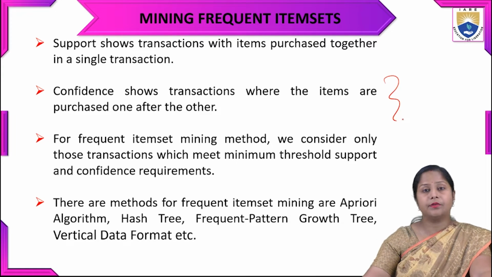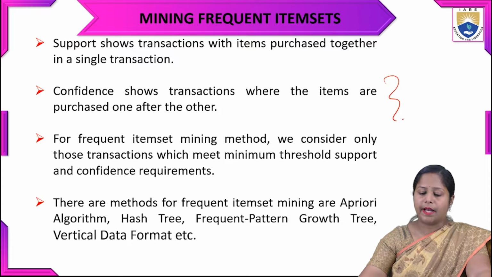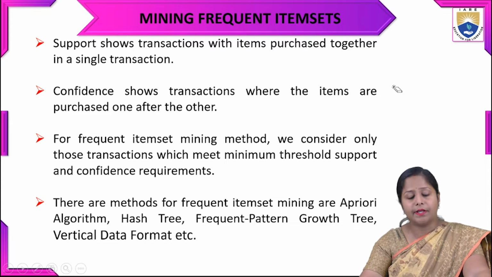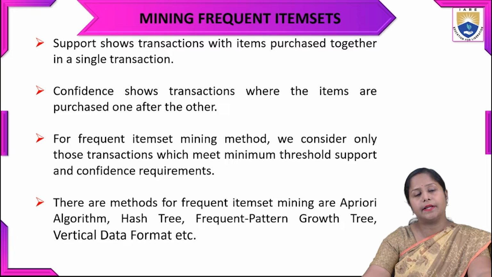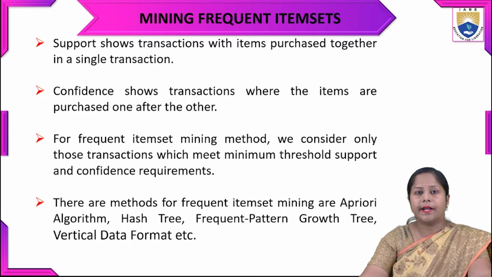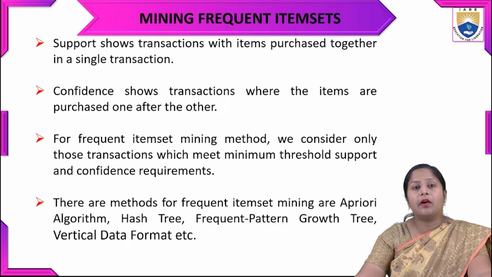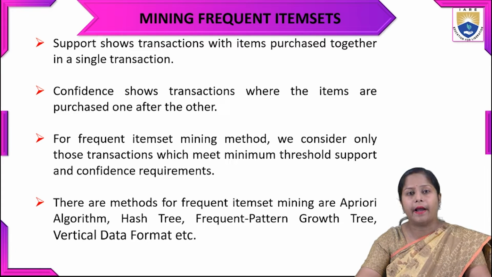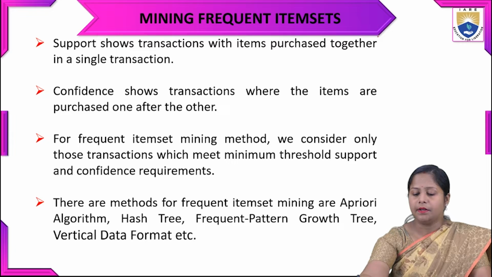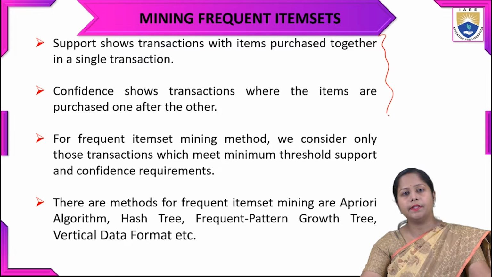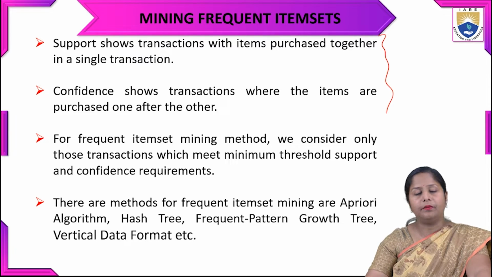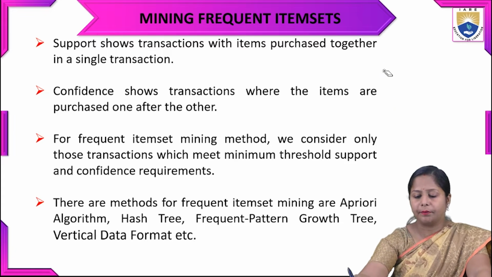Confidence shows the transactions where items are purchased on the basis of another item. So if one item has been purchased on the basis of another item, that will be the confidence of that particular item. So these were support and confidence in terms of purchasing something.